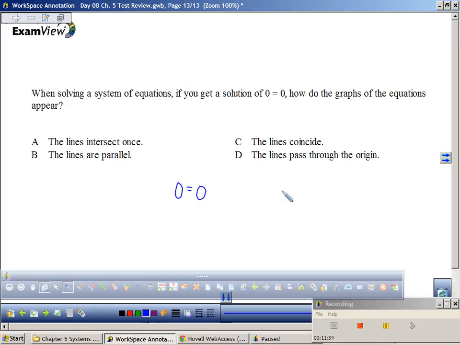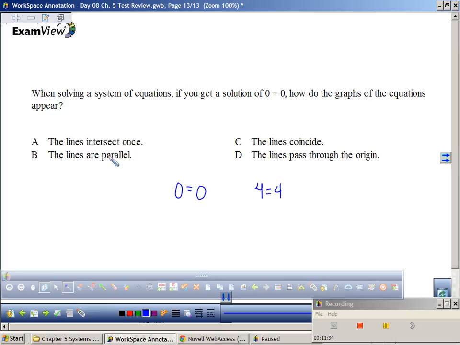But that's not what they're saying. Sometimes it's easier if you say something like 4 equals 4. Does 4 equal 4? Does 5 equal 5? So this time, we're also not getting a solution. We're not finding x, we're not finding y, we're not finding anything, right? But we're finding that no matter what I put in there, I'm always going to get the same thing. So that means it must be the same line, or infinitely many solutions.